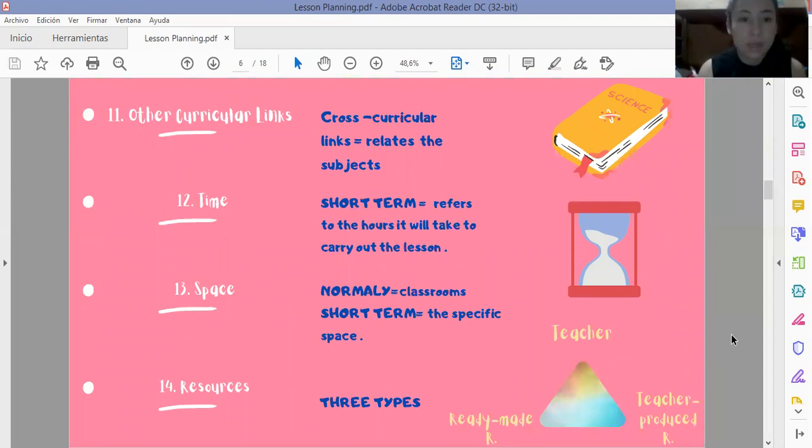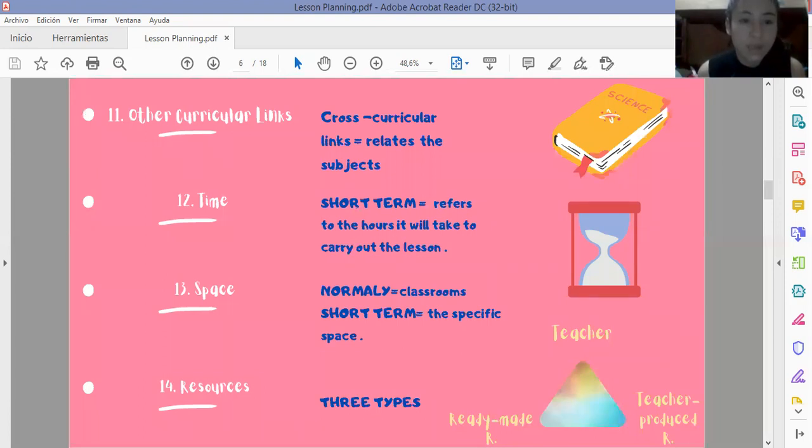The next is about other curricular links. It is important to work with a cross-curricular link, which is the one that relates the subjects. Let's continue with number 12, in which we have time.